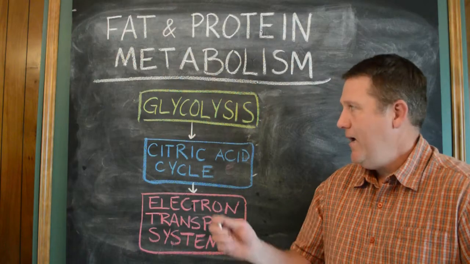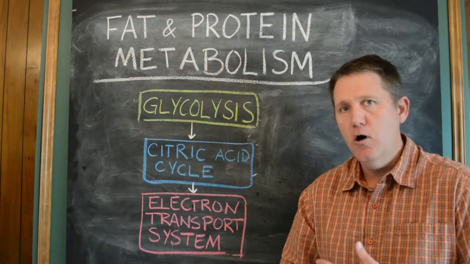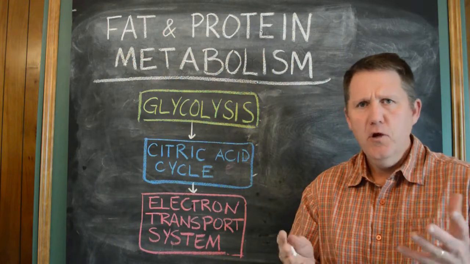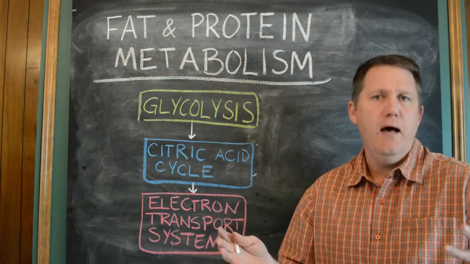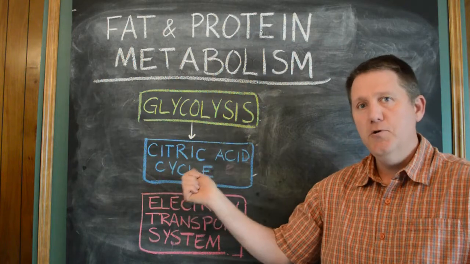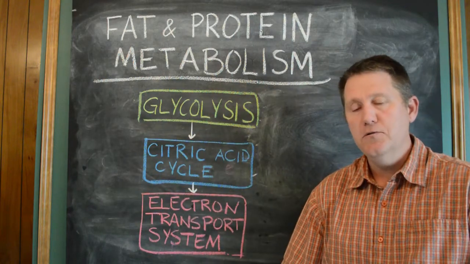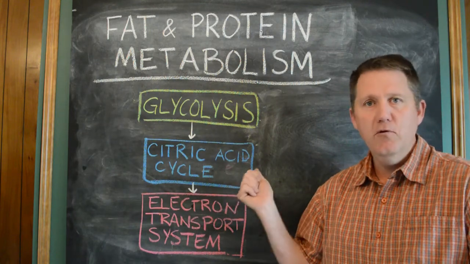Now, while we haven't memorized every single intermediate molecule along the way with any of these, you saw them. You know that they're there. There's this big, just stew pot of different chemicals available in the mitochondria in the citric acid cycle, and even in the cytoplasm with glycolysis. It may not have occurred to you that these are also chemical factories.